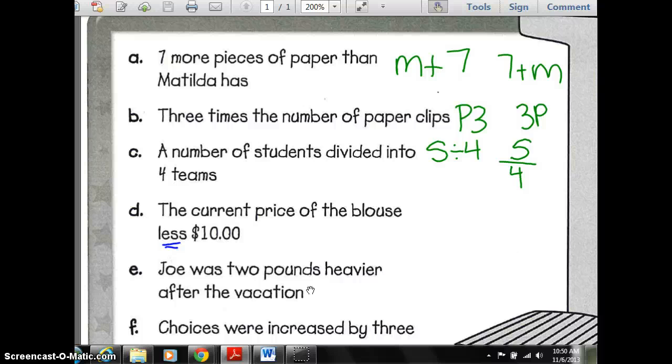Example D is a little bit tricky because, crazily, they forgot a word that I think is kind of important. It should say, the current price of the blouse less than $10. Go ahead.